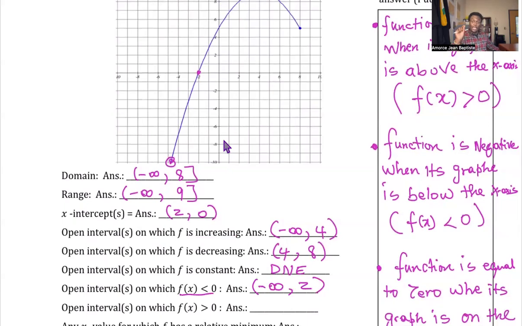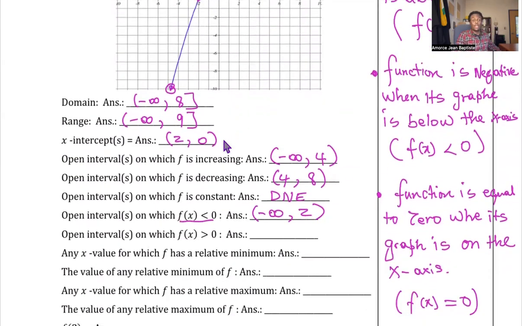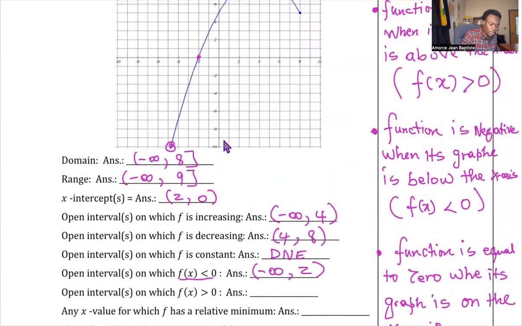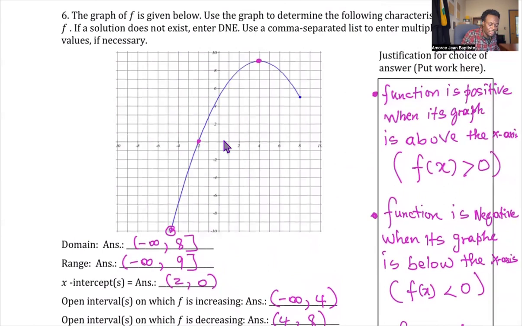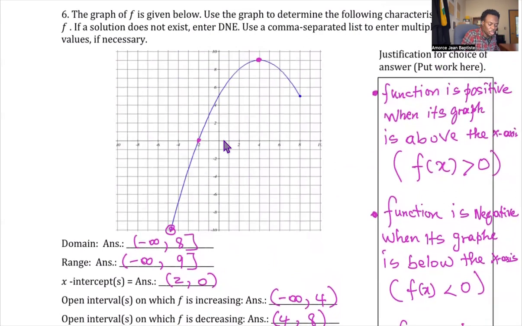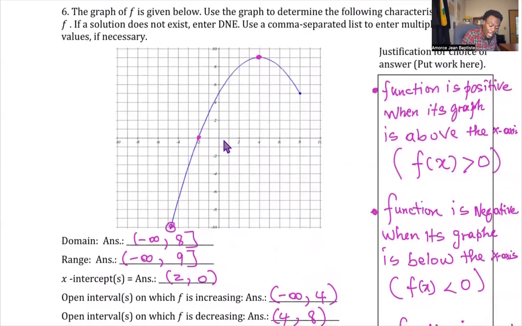And the 2 is where it equals 0. Where is it greater than 0? Well, it will be greater than 0 for all the other points where I see that it's above the x-axis. It's from 2 all the way through 8.